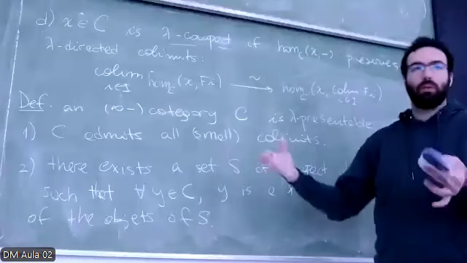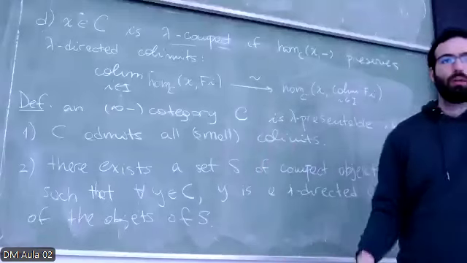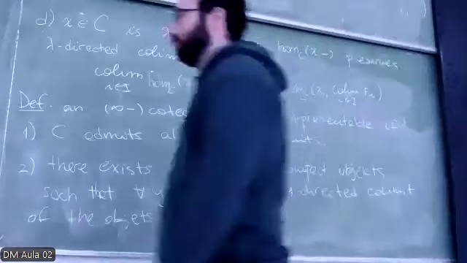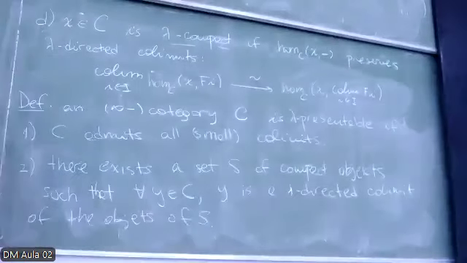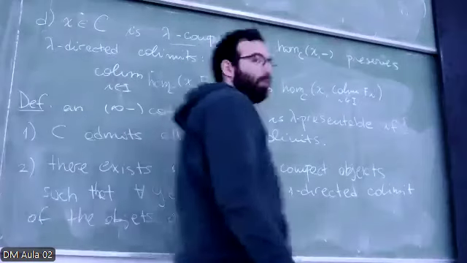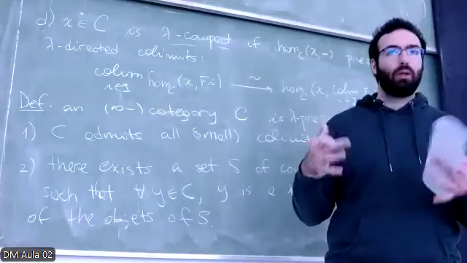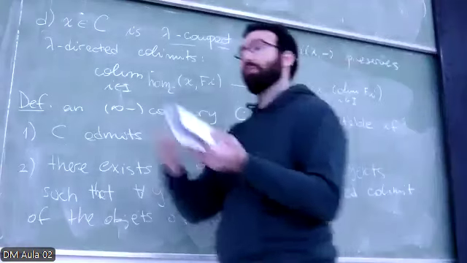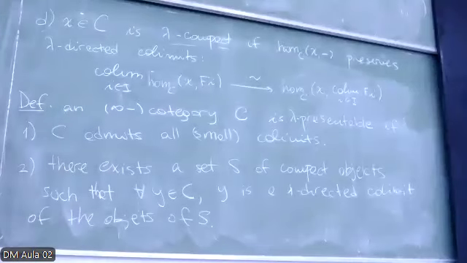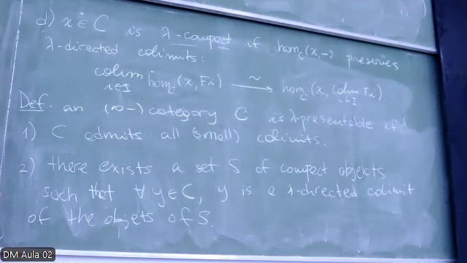And if you glue them, you get any other object. So for example, taking unions, you can write any set as a union of its finite subsets, and the poset of finite subsets is directed. Because if you have finitely many finite subsets, the union is finite. So the indexing poset is directed. So this captures and generalizes both of these examples we were discussing last time.